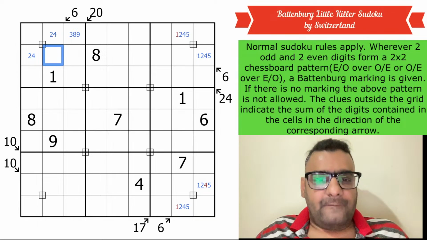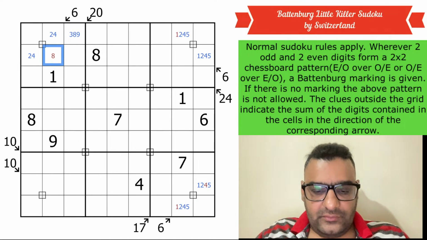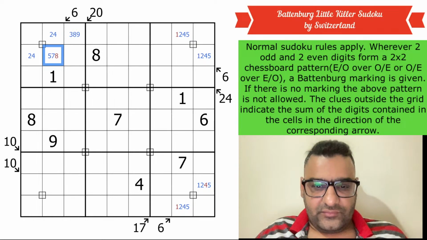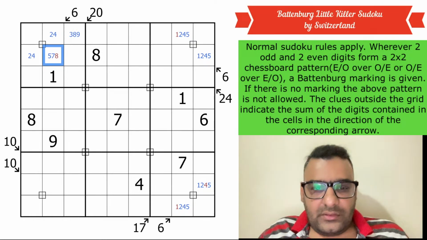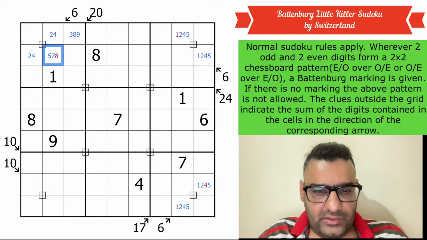It could be 8, 5, and 7. 7 and 5 are 12, and 8 is equal to 20.